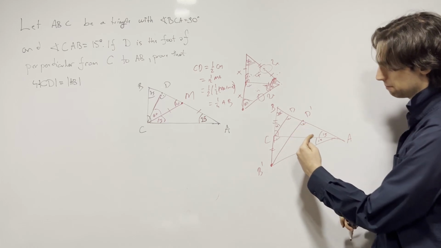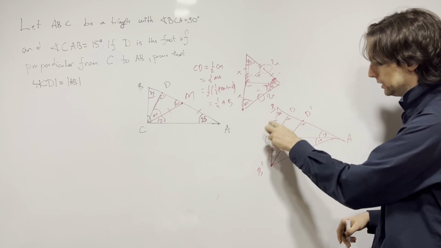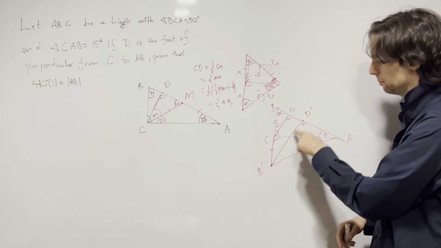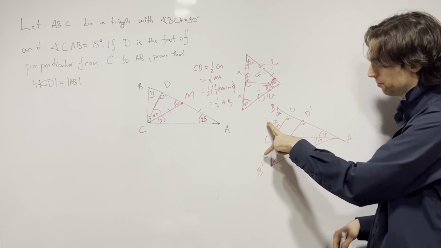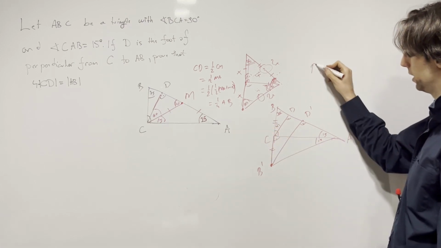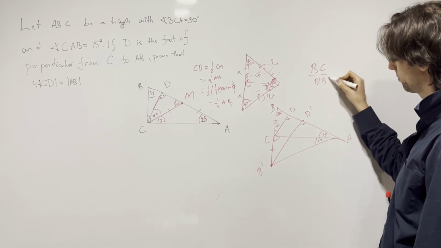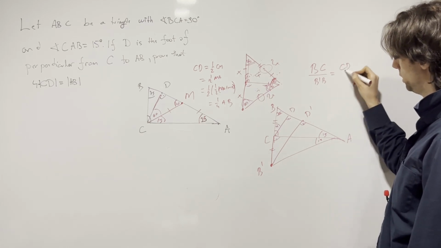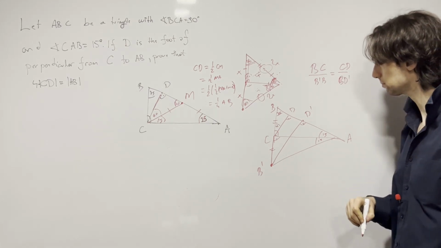So by Thales' theorem or similarity, BCD is similar to B prime D prime. I have BC over B prime B is equal to, let me actually write that down, BC over B prime B is equal to CD over BD prime.